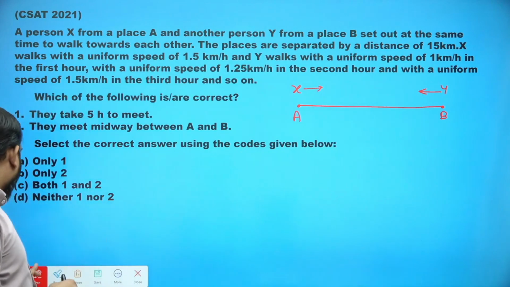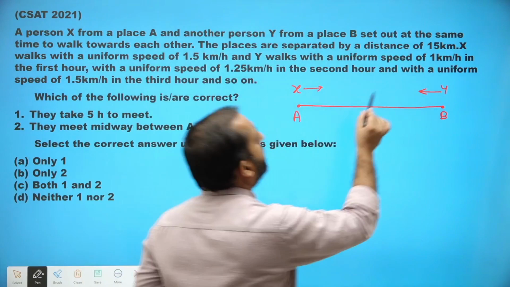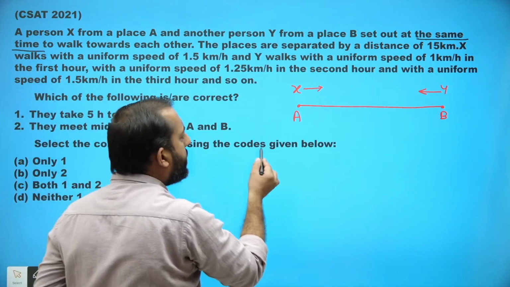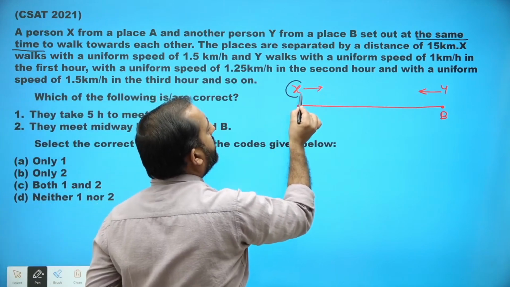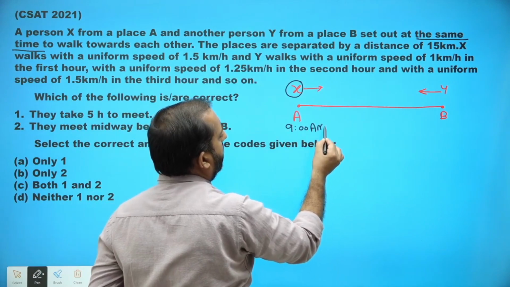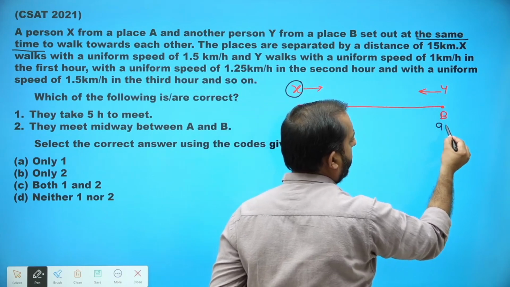They have started at the same time. So let's say X has started its journey at 9 a.m. from point A. Then Y will start its journey from B at 9 a.m.